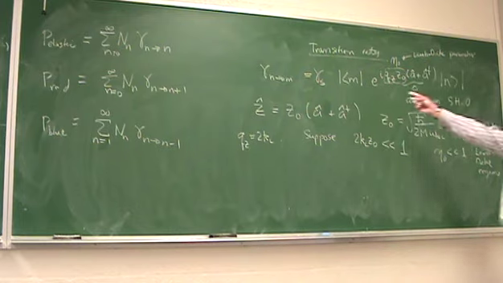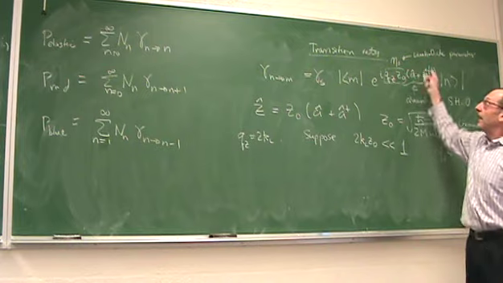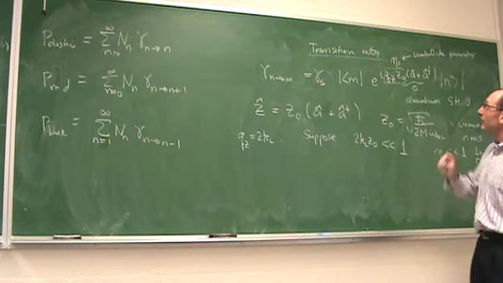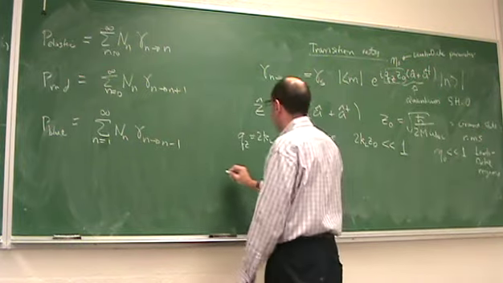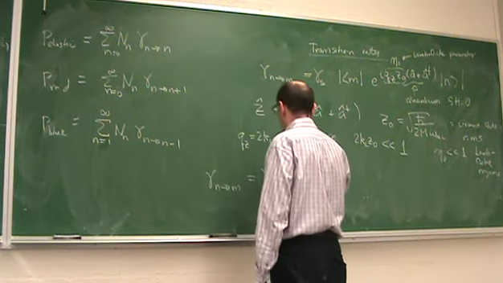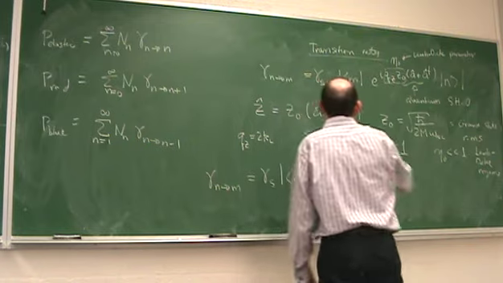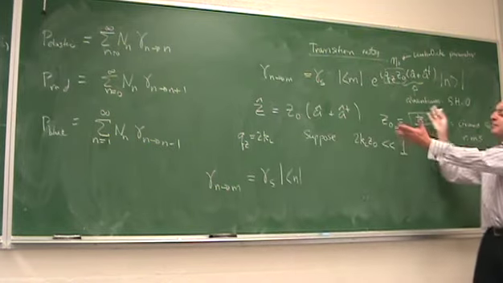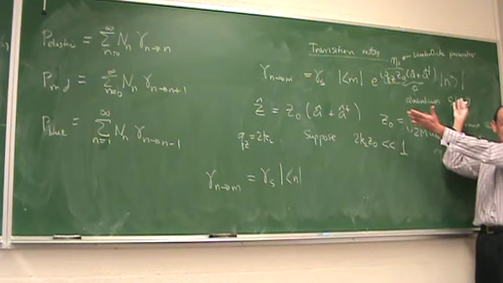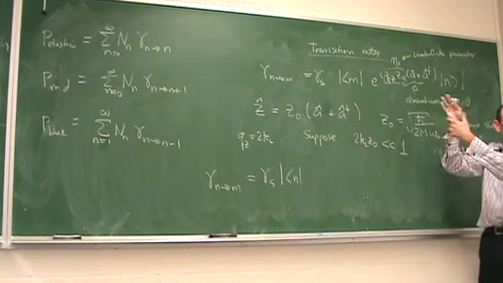Well, then I can do an expansion of this exponential. So my transition rate here, by the way, in principle, this matrix element is exactly calculable. It's a Laguerre polynomial of some kind. I don't remember what it is exactly.